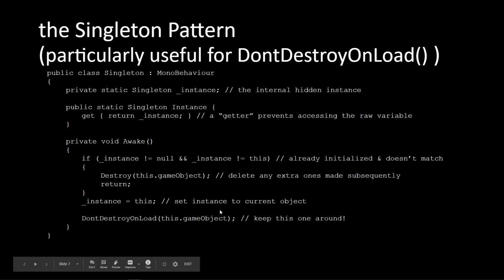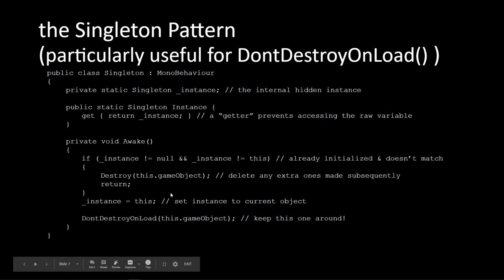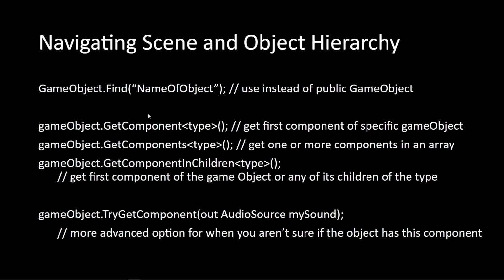Using a singleton with some sort of object that you want to have persist across scenes, whether that's background music or some sort of canvas element, or it could be as simple as a watermark or logo. If you want your name to appear in the upper left or upper right corner of every screen of your game, perhaps that's what you do. So exercise a singleton pattern. We'll be looking for that as a demonstrated technique.